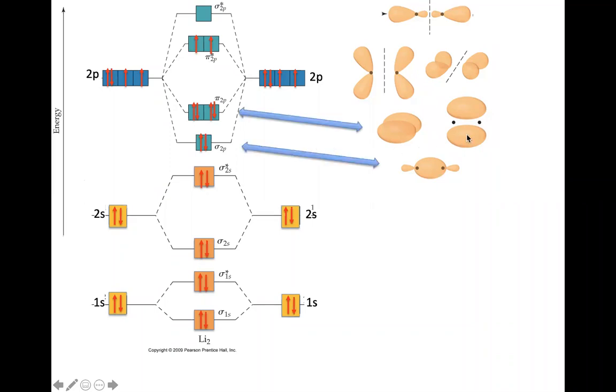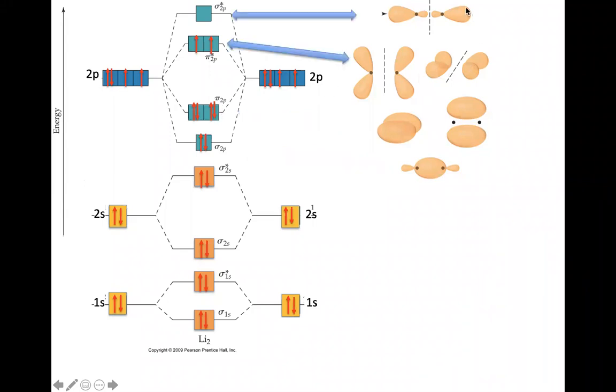These are the ones that you classified earlier for me as being bonding. There's a bonding one that goes with the sigma. There are 2 bonding ones that go with the pi. These all have vertical nodes in them, so these are the antibonding. We have 2 examples that are degenerate. Those were the pi ones, and way at the top, that would be the sigma one that is antibonding.